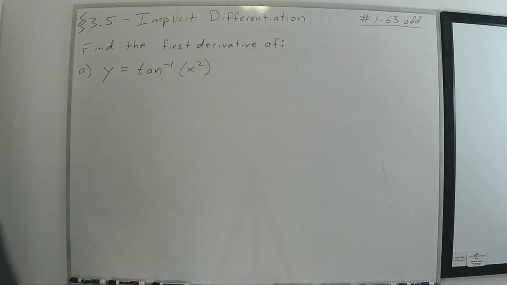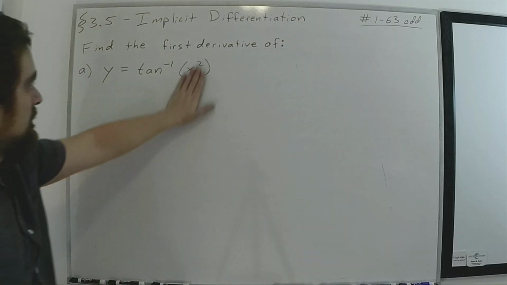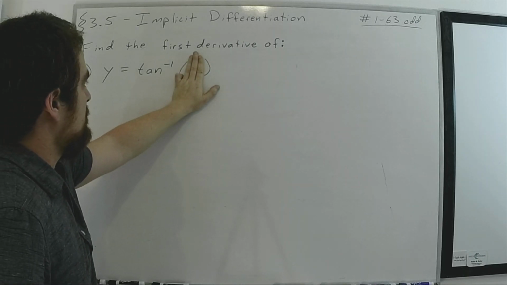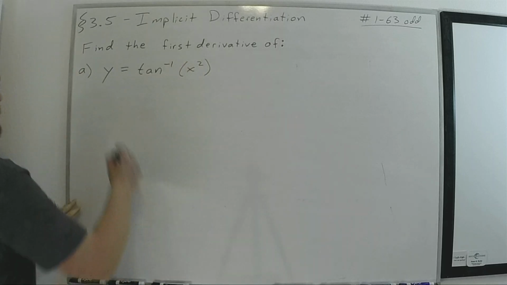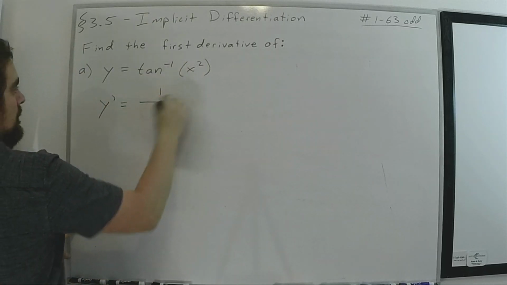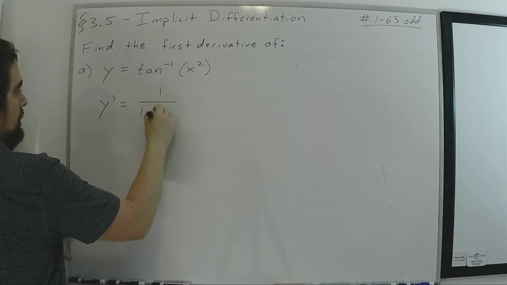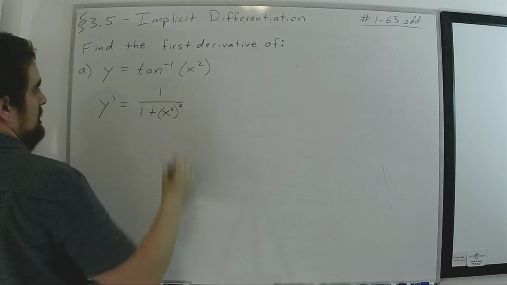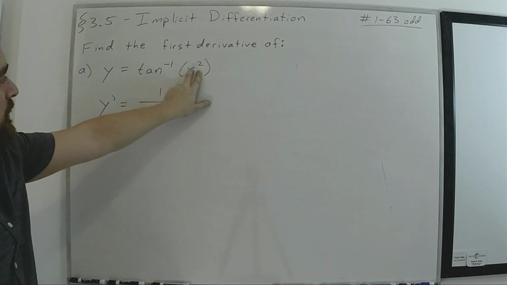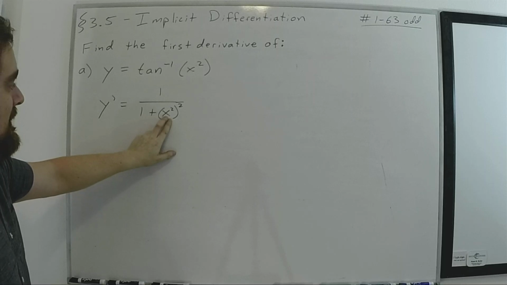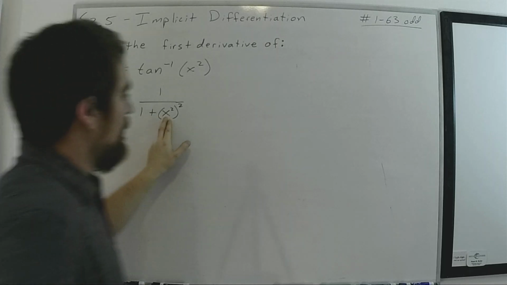There's another inner function plugged in there. So I have this inner function that I'm going to have to worry about. Now if I want to differentiate tangent inverse of something, y prime is going to be 1 over 1 plus x squared. But this is my argument in here, which is x squared. So that is the argument that I have to put in there, x squared.